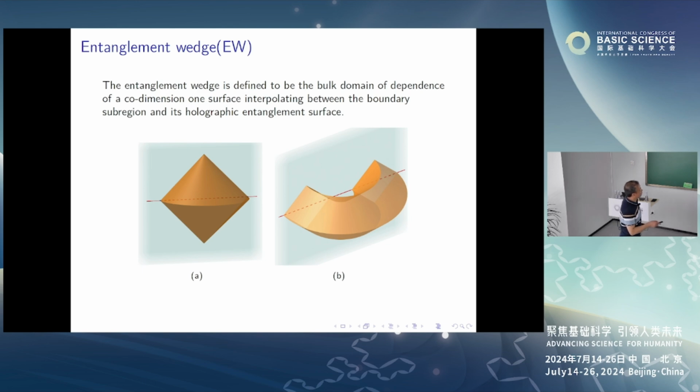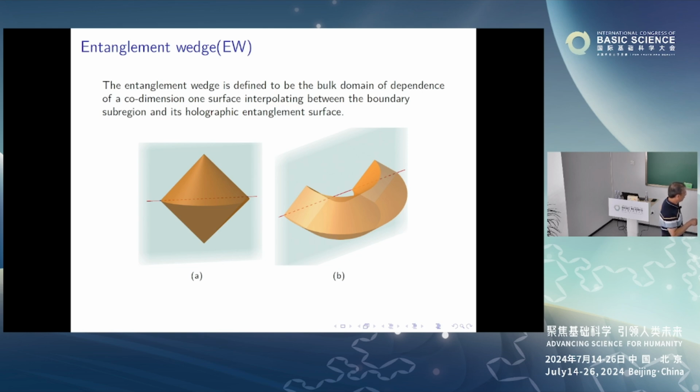And figure B is for the two interval case, when these two intervals are quite large and close to each other. In this case, we know that the RT surface is not this one or this one. Since we try to find a minimal surface, there's a phase transition.